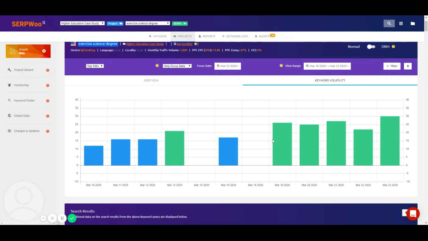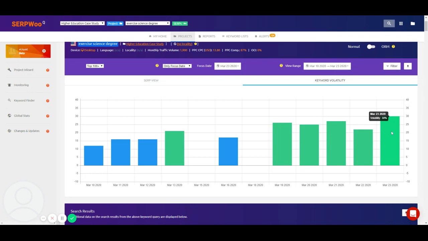I mean, look at the days prior. We had none on the 18th, very little on the 16th, none on the 15th, and basically the days prior are nowhere near the level of March 19th. Now, what's interesting is after the 19th, we continued with high volatility. The 20th, 21st, 22nd, the 23rd even has 30%. So something's going on with this particular keyword.